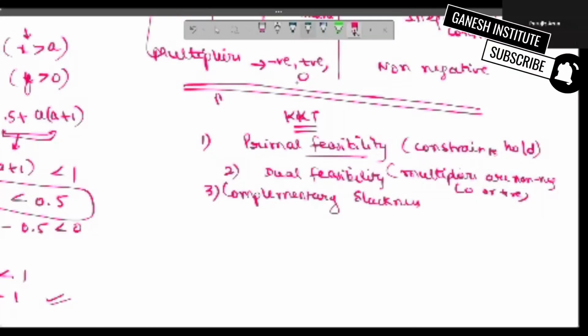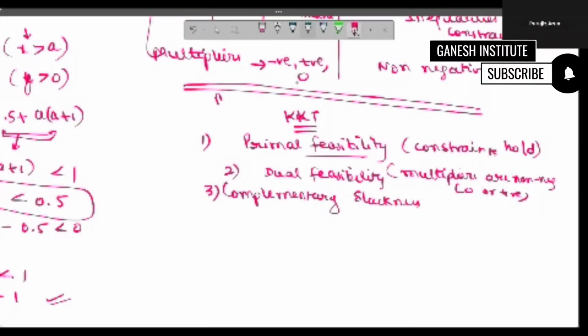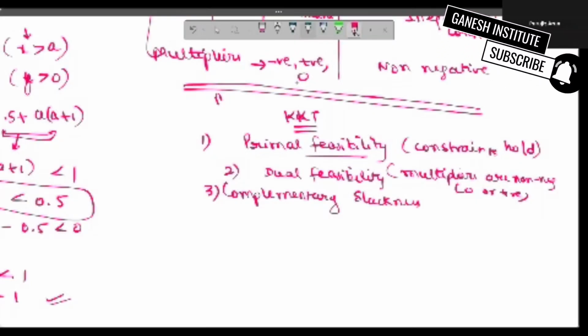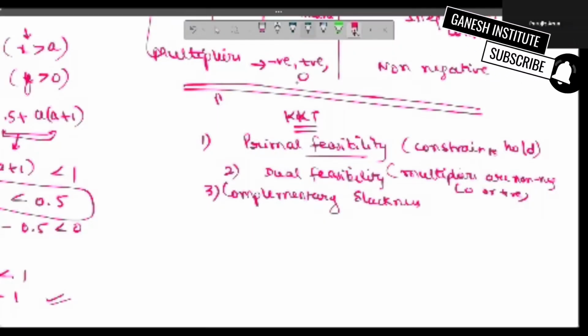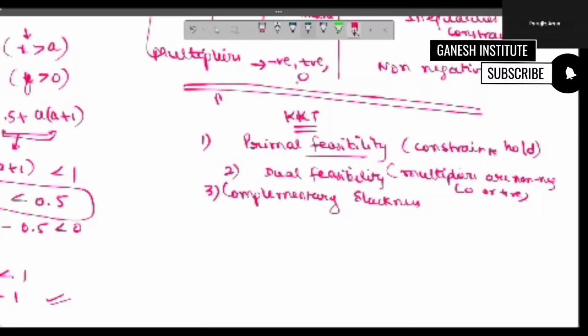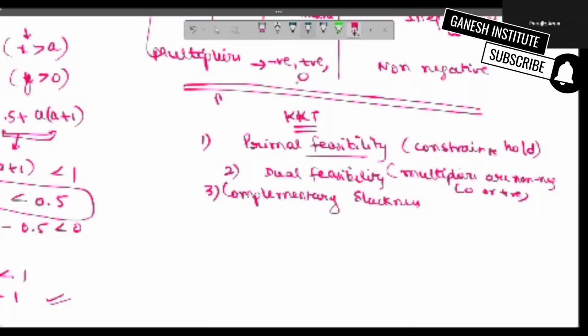Constraints, multipliers, non-negative. After this, complementary slackness.